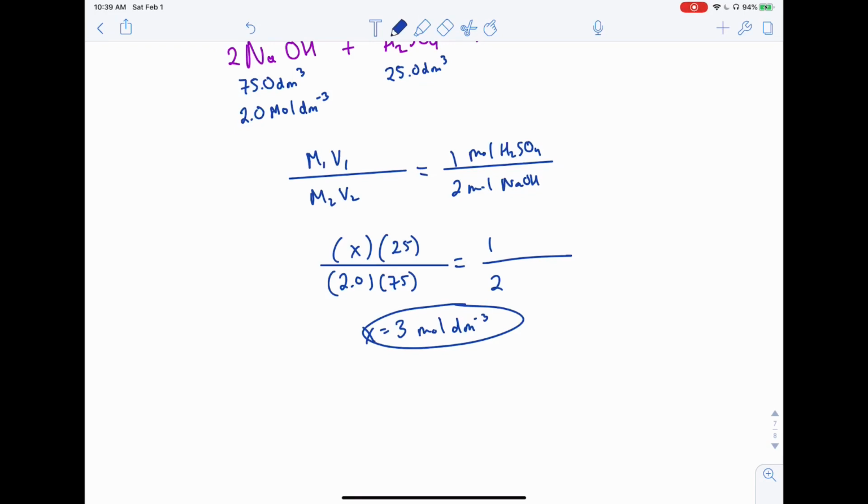But since it's a 2-to-1 relationship, you need 3 halves as much concentration. It's harder when it's not a 1-to-1, but if it's a 1-to-1, it's easy to see that. If you have a third of the volume, then you have to have triple the concentration if it's a 1-to-1. But since it's a 1-to-2, then it's 3/2 of the concentration, which is 3.